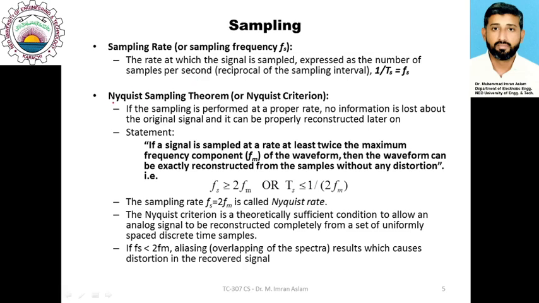At this stage we discuss the Nyquist sampling theorem or Nyquist criteria. As I mentioned, if we do not perform sampling properly, there is a chance of having distortion. So what do we mean by sampling properly? It means we have to adjust the sampling rate in such a way that we do not lose any information. What should be the value of this sampling rate Fs?